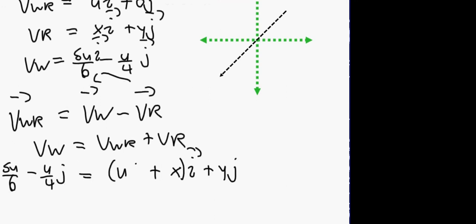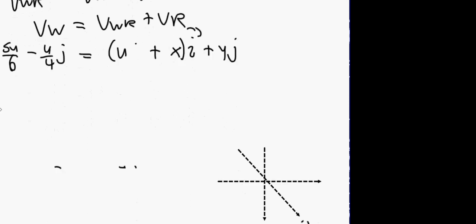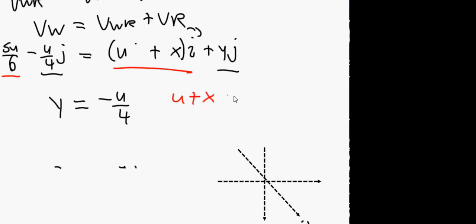What we can then find out is that y equals minus u over 4, because yj is minus u over 4. The j components have to match up and the i components have to match up. And now we're going to get u plus x equals 5u over 6. X, therefore, when you bring the u over the other side, is going to be minus u over 6.